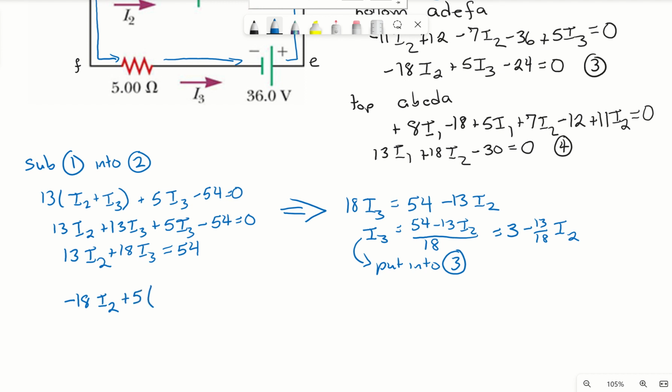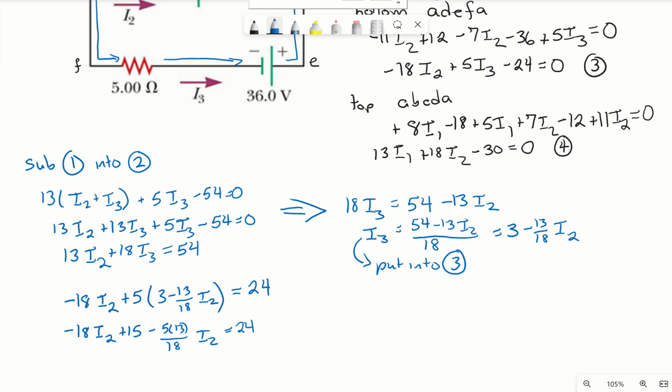So I'm going to put 5 times 3 minus 13/18 I2 equals 24. I'm just going to flip that 24 on the other side, just makes it a little bit less cumbersome. So let's see what I've got. I've got minus 18 I2. I'm going to expand that bracket there. So 5 times 3 is 15 minus 5 times 13 over 18 I2 equals 24.